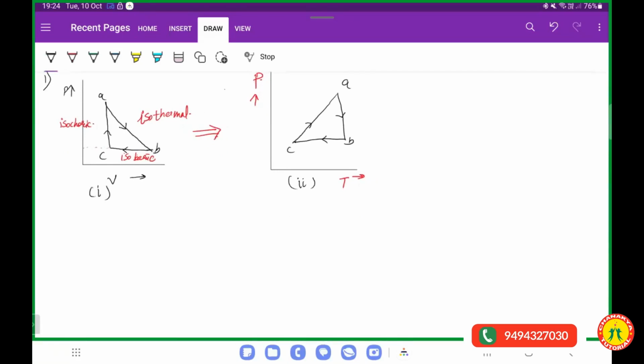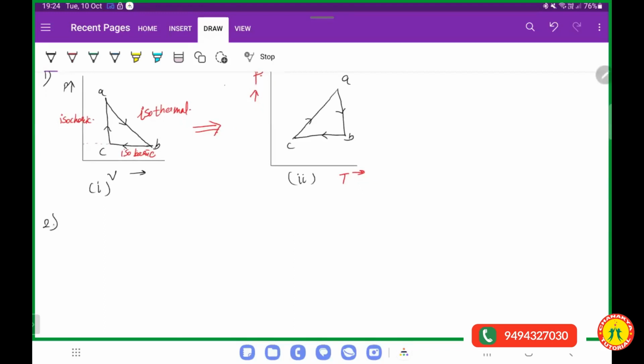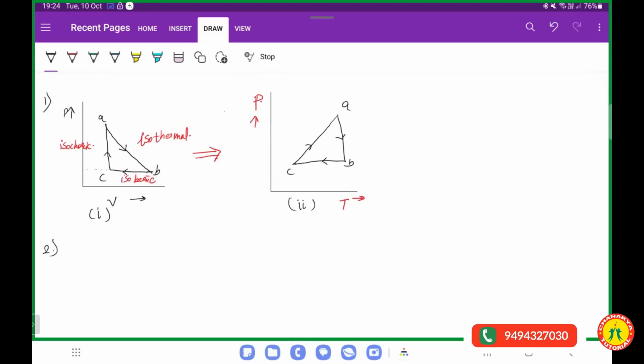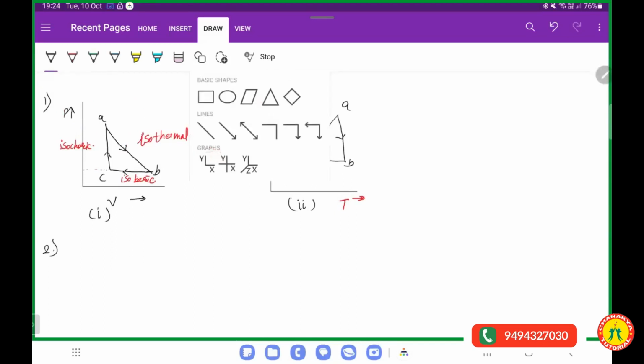Pressure constant, temperature constant, varying directly, that way. So let's go for the second. If you want to write in your own words, you can write.